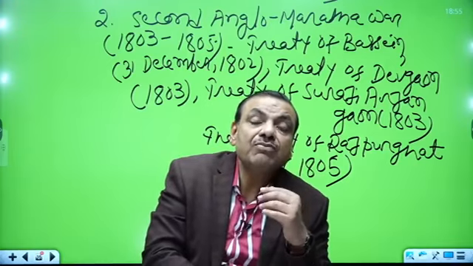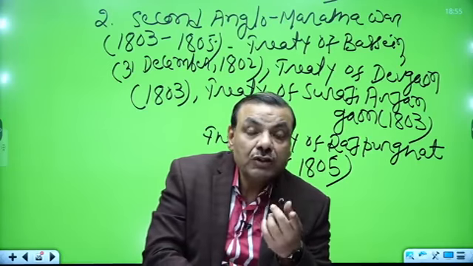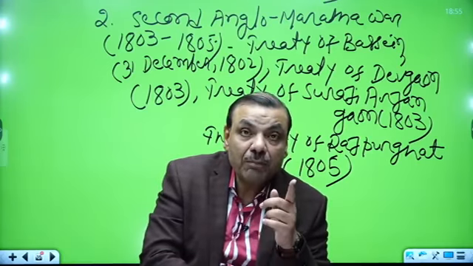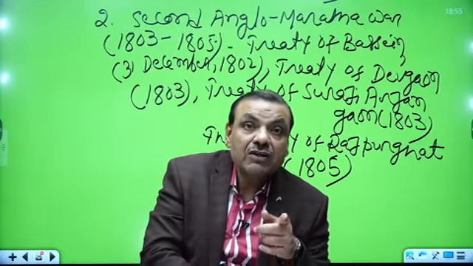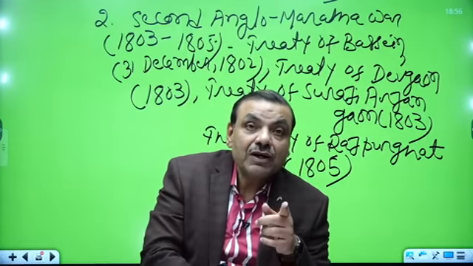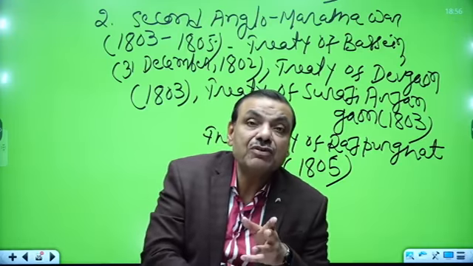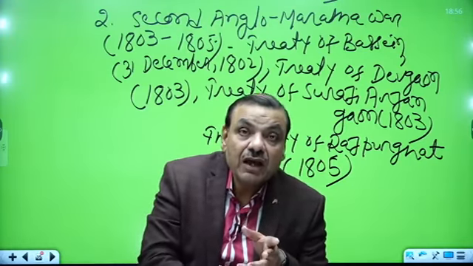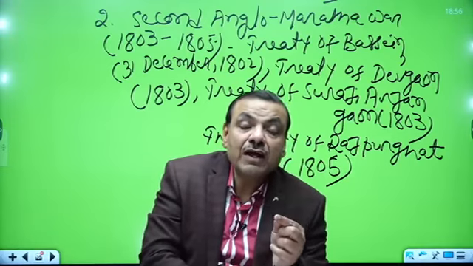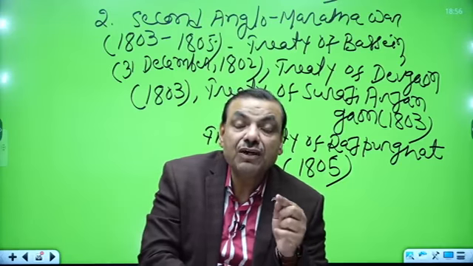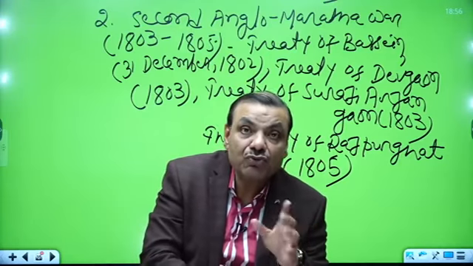It was a subsidiary treaty. On the basis of this treaty, Peshwa Bajirao II was compelled to accept a British regiment at Pune. British regiment means a British army. And apart from that, a British resident. British resident means a political advisor to his court.